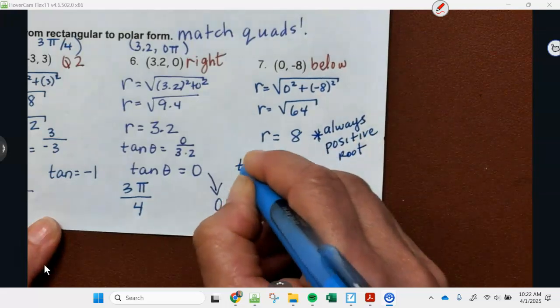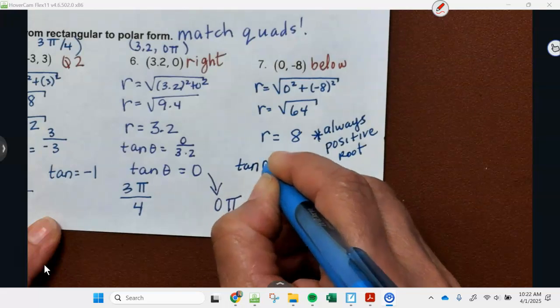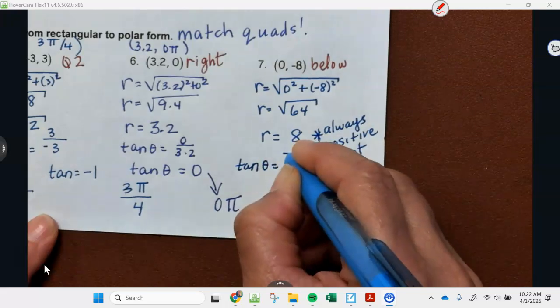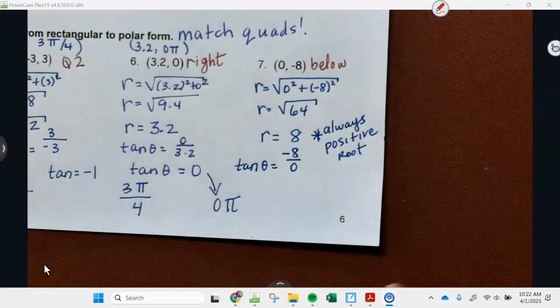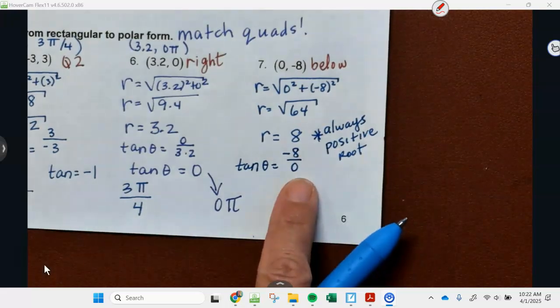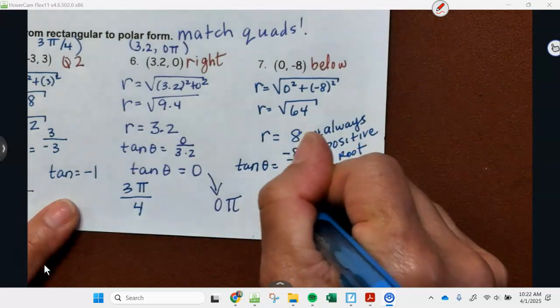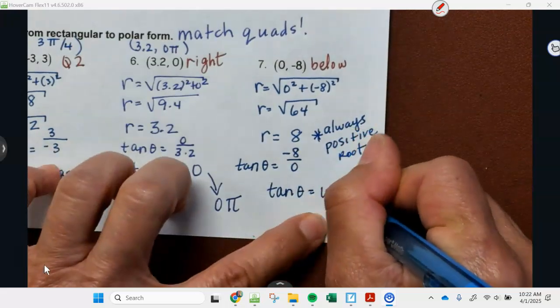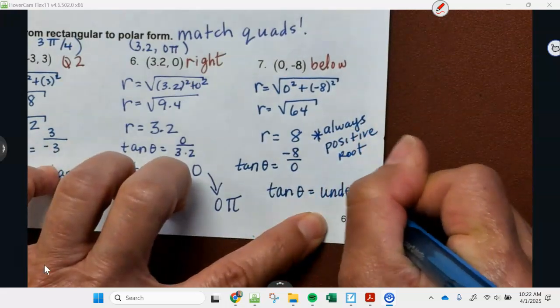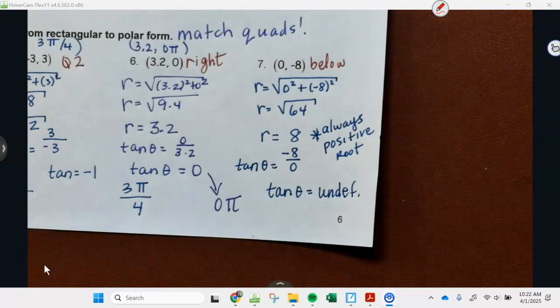All right, let's focus on this tangent. Tangent is going to be y over x. Oof, that hurt to write that because that's undefined. Tangent is undefined at the top and bottom of the unit circle.